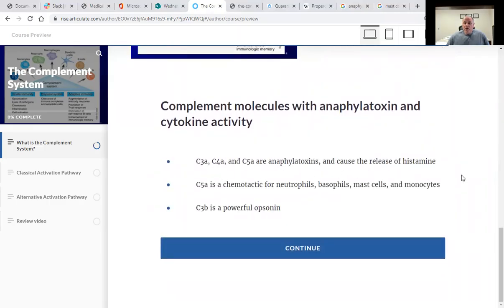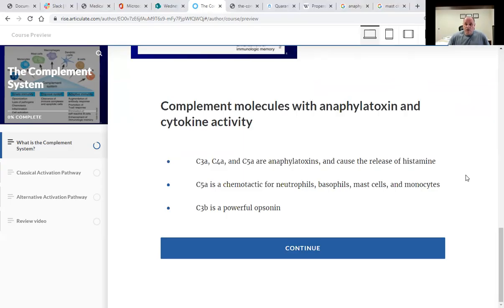These are the molecules that have specific characteristics. So C3a, C4a, and C5a are anaphylatoxins. That means that they participate in inflammation, and they cause a release of histamine from mast cells and other cells. C5a is also a chemotactic.